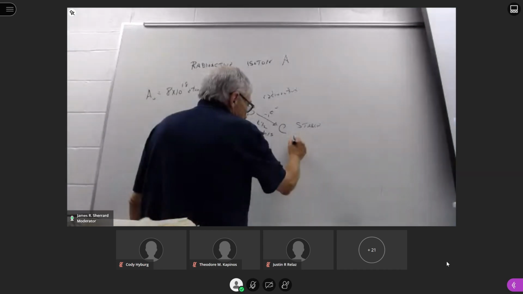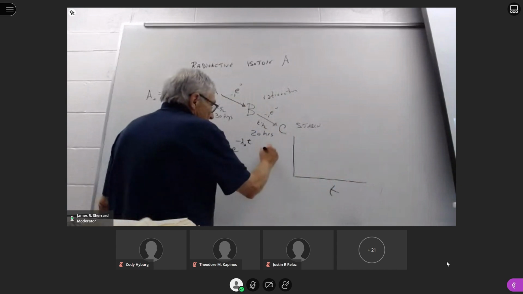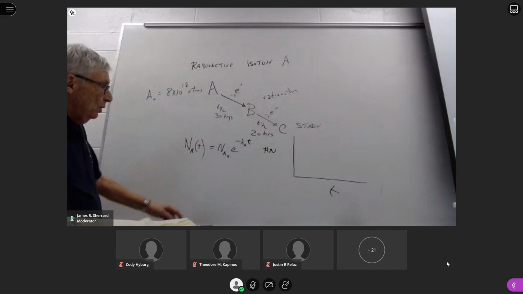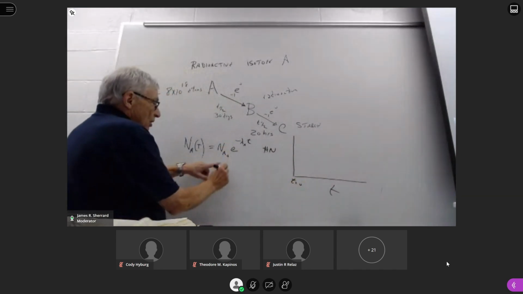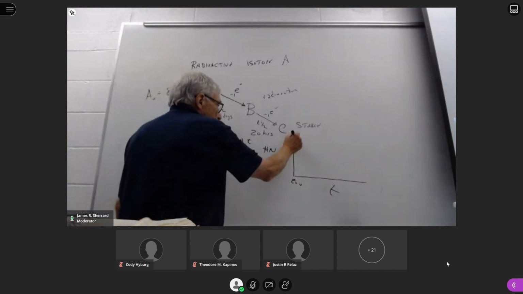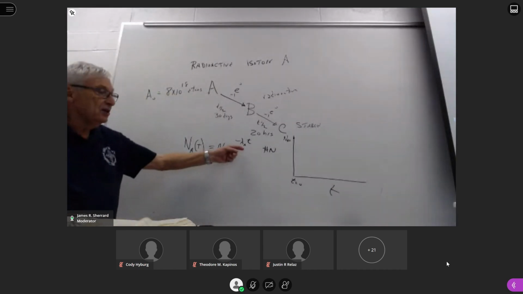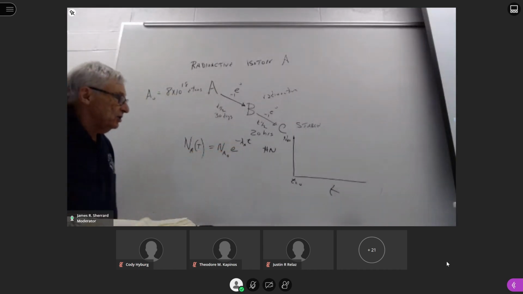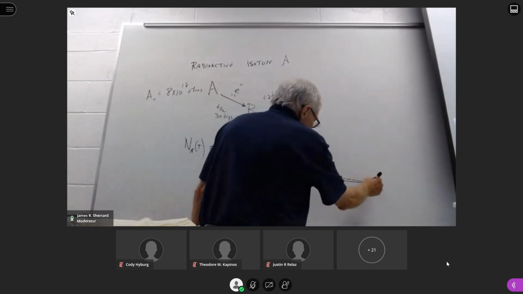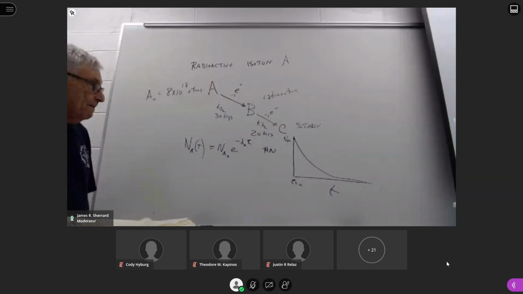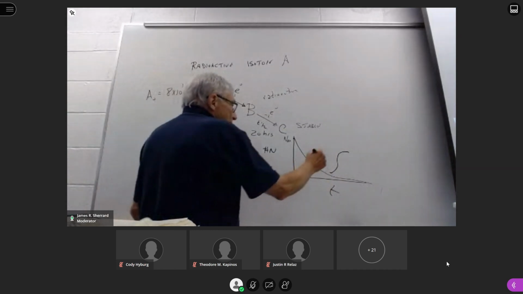If I plotted that, where this is time and this is number of atoms, we know that at time equal to 0 we start off with this number of atoms. It is then going to decay according to its decay constant. In its decay, it's going to look something like this. This curve is the plot of that equation.